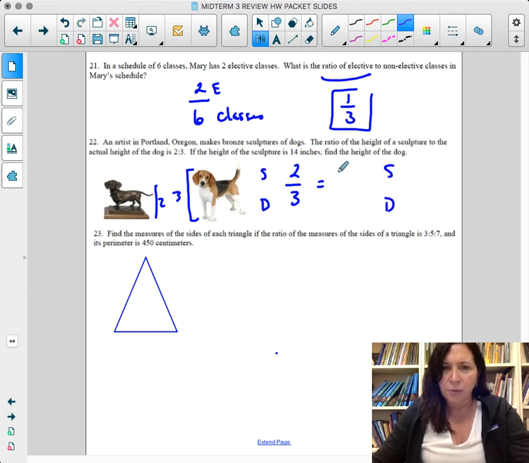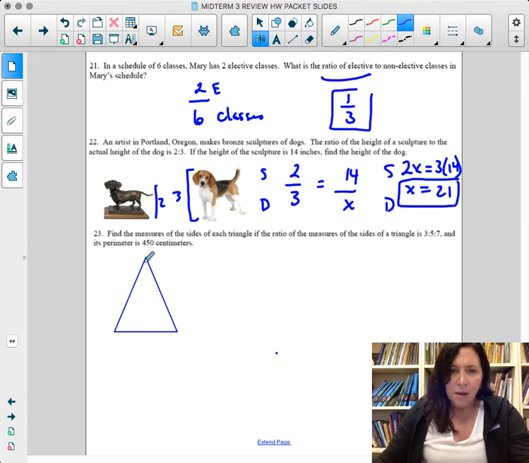So the height of the sculpture is 14. What's the height of the dog? So you just cross multiply. You go 2x is equal to 3 times 14, divide by 2. So x equals 3 times 14, so 42. So that's going to be 21.